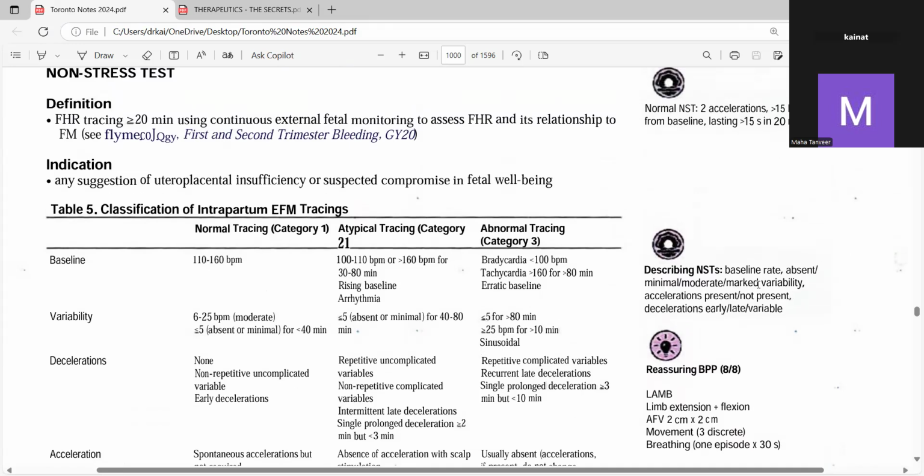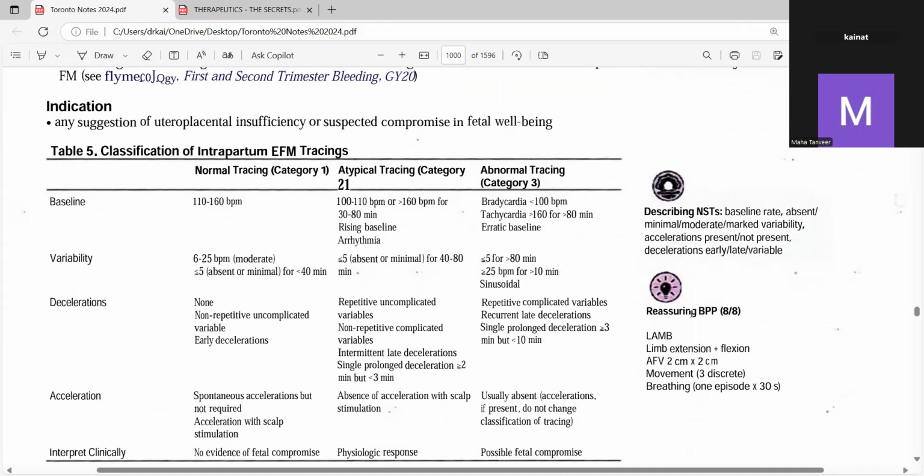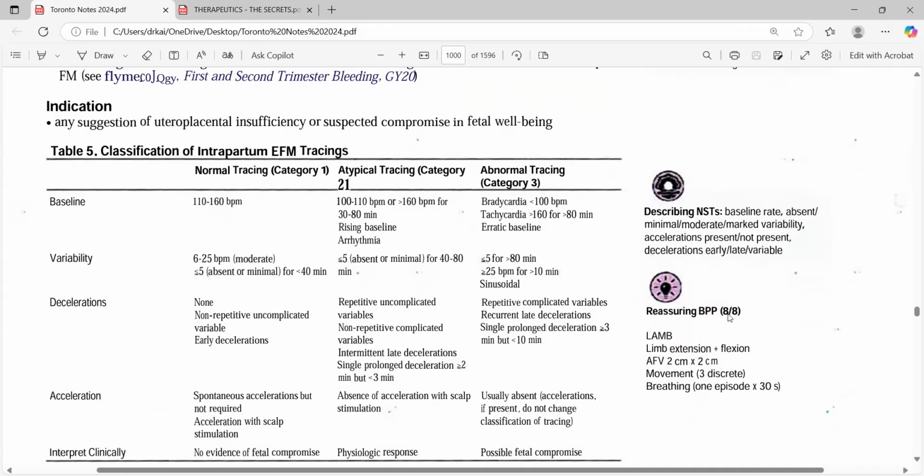Then describe the non-stress test. In that one is baseline, variability, acceleration, and deceleration. So we already discussed this one. Reassuring BPP is basically the check 8 by 8. In that one, we have to check for the limb flexion, extension, limb movement, AFP movement, and then breathing. Everyone does mix up what is NST and what is BPP.